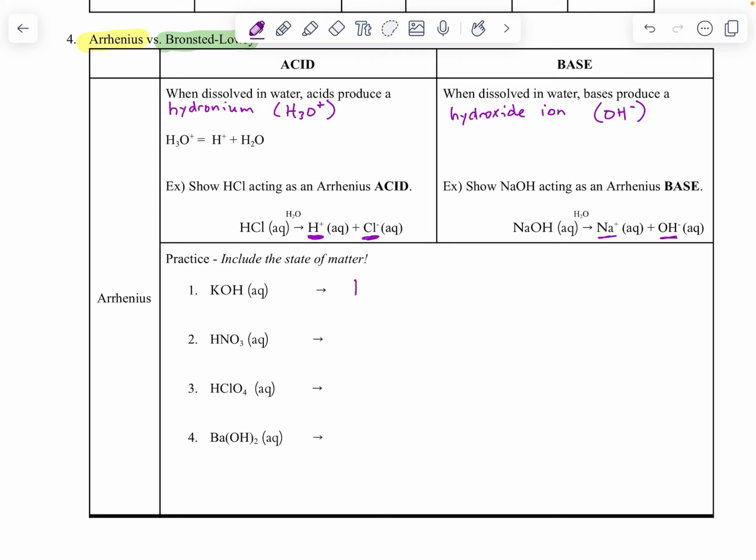So this is going to turn into a positive potassium ion, aqueous, plus the OH -1, which is aqueous. There's only one of each based on the formula given there. So we can see that that's an Arrhenius base because of that OH here.